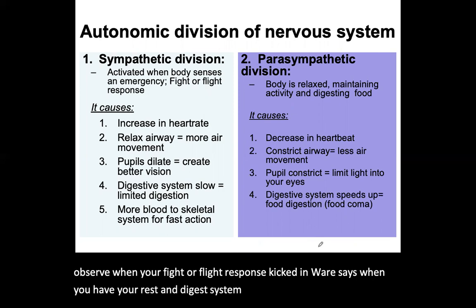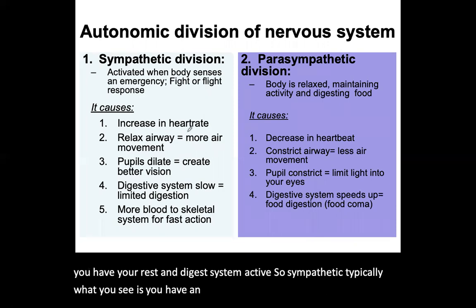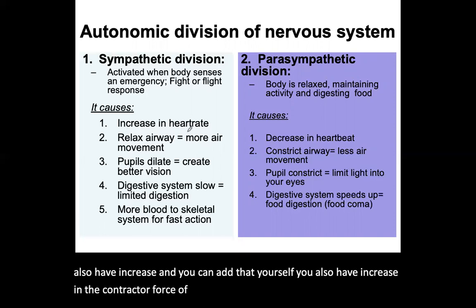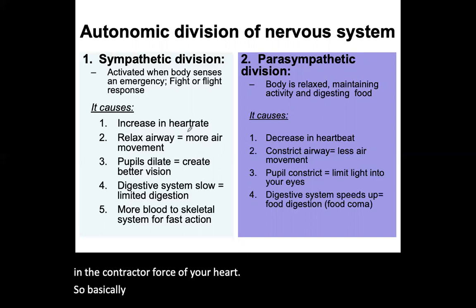So with sympathetic, typically what you see is an increase in heart rate. On top of that, you also have an increase in the contractile force of your heart. So your heart not only beats more frequently, but with a stronger contraction to push more blood out.